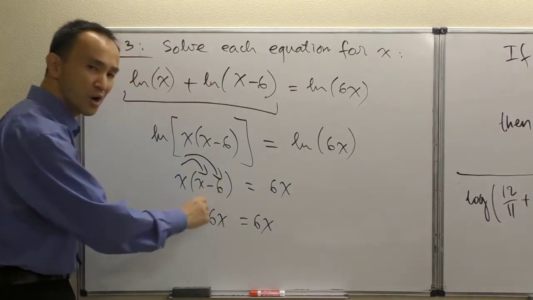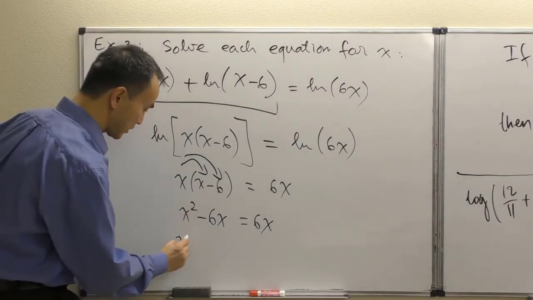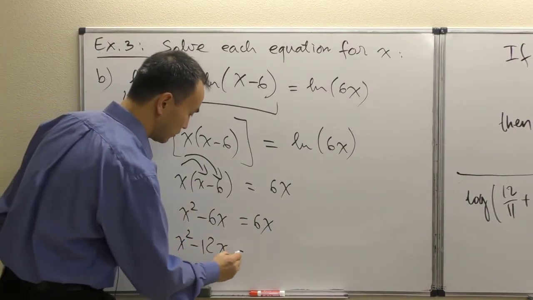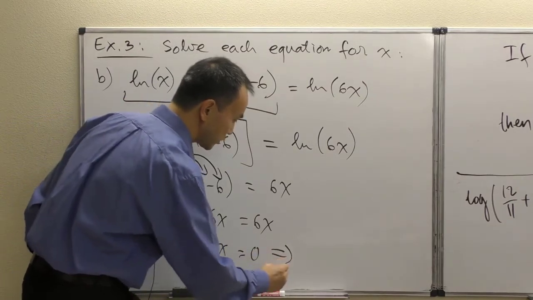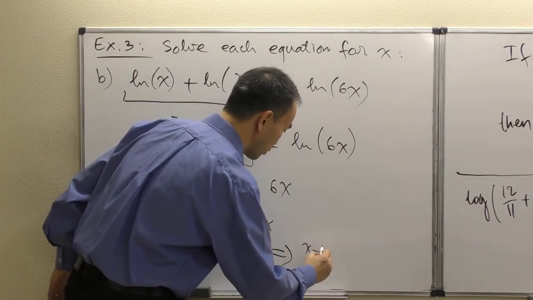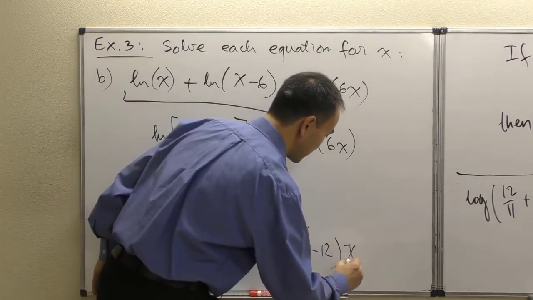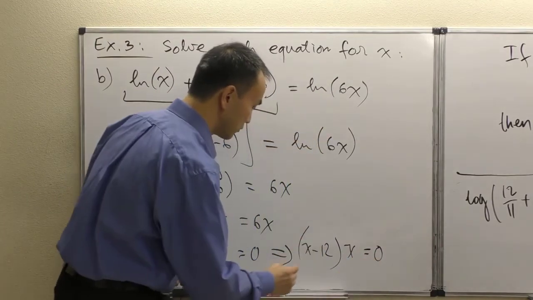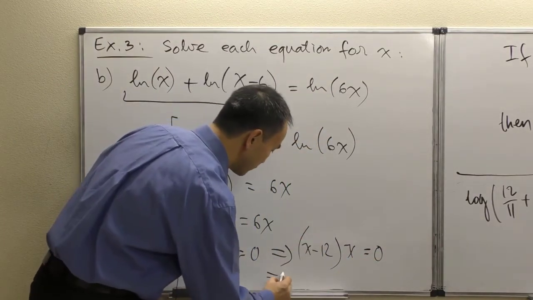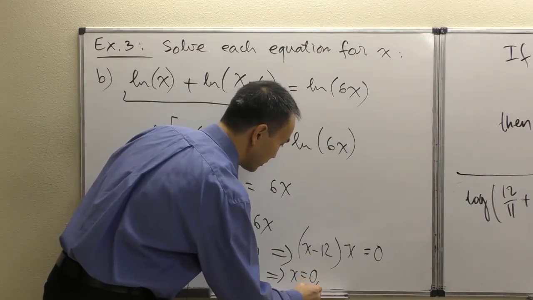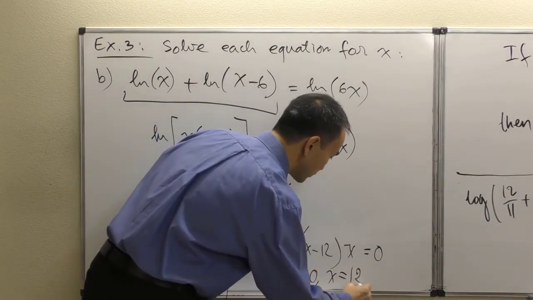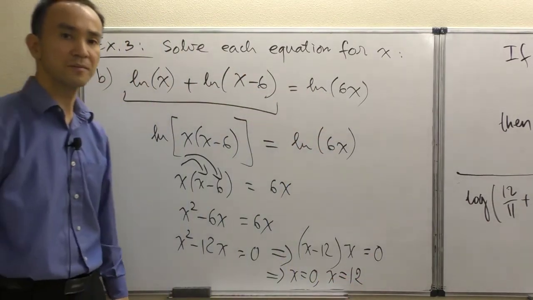So now this equation turns into x squared minus 12x equals 0. And we can quickly lead to a factoring form, x times x minus 12 equals 0. And then we can quickly lead to x equals 0 and x equals 12. These are the two tentative solutions.